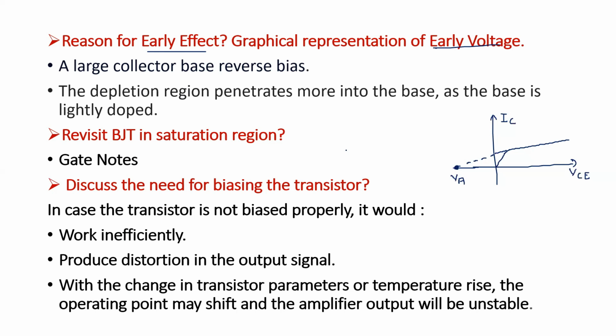This point on IC versus VCE is known as the operating point, and according to that, at a particular value of VCE, we apply the small signal voltage, and this small signal is amplified. So this is nothing but a DC voltage over which our small signal is superimposed for amplification.